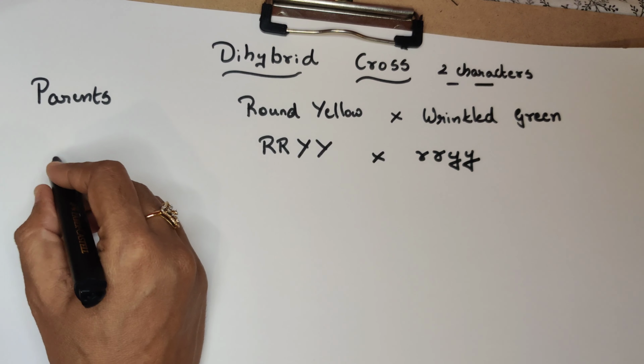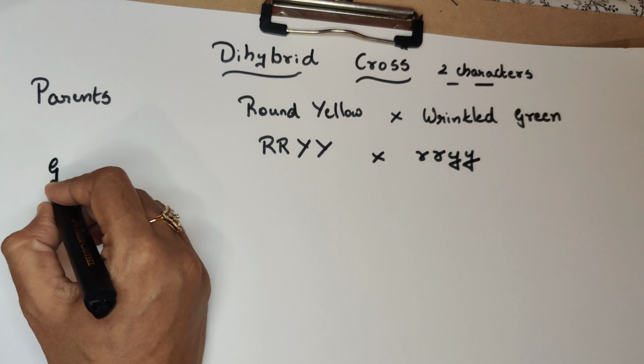Now what should be the next step, students? It will be your gametes. How do you work out the gametes? There is only one possible gamete from these two. Here also one possible gamete from these two. So you have capital R, capital Y, then you have small r, small y. So these are the two possible gametes.